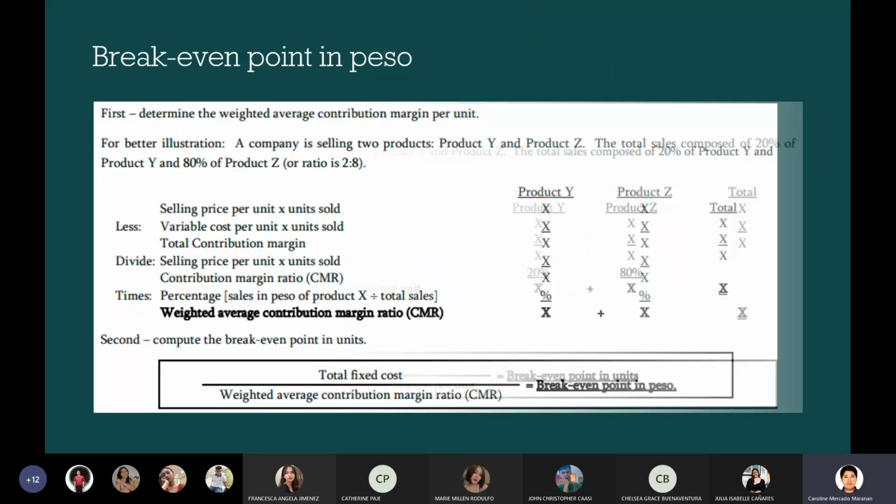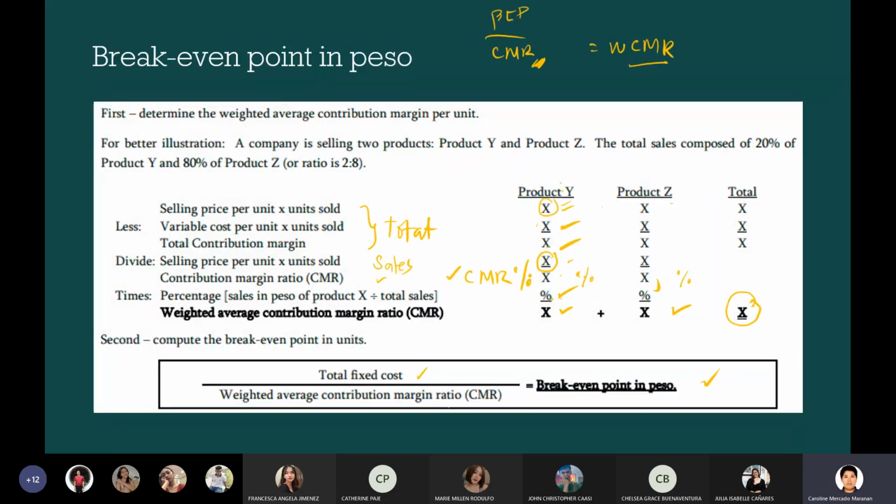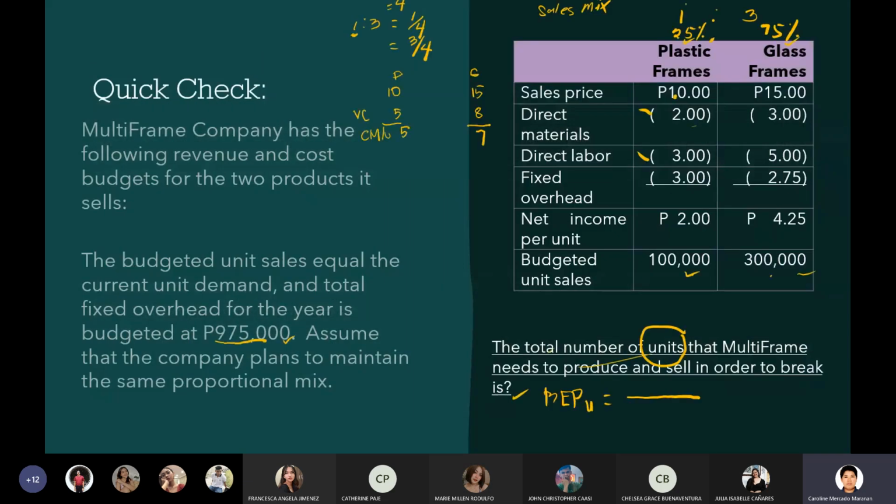Balik tayo. Sabi, pag nakuha mo na yung CM, times mo dun sa percentage. Okay, so, magkano yung percentage natin? Nakuha na natin 25 at saka 75. So, 25%. Dito, 75%. So, ang ating weighted average is 25 times 5, that would be 1.25.